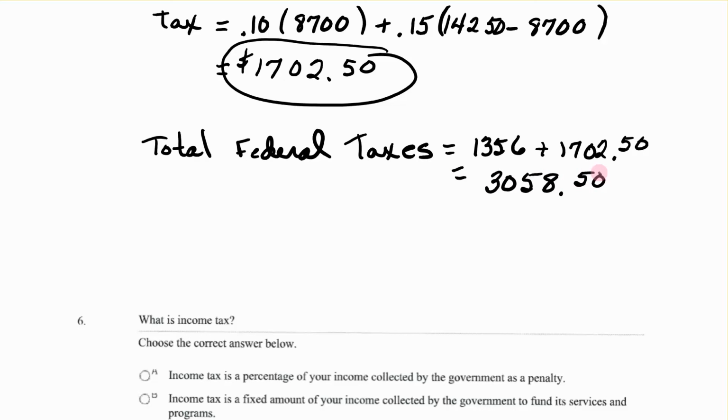So here's the question. $3,058.50 is what percent of her gross, and what was her gross? 24,000.